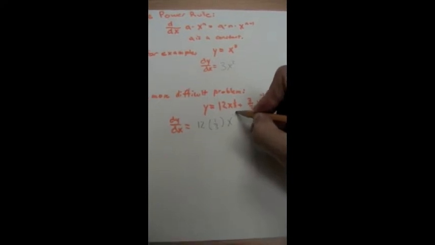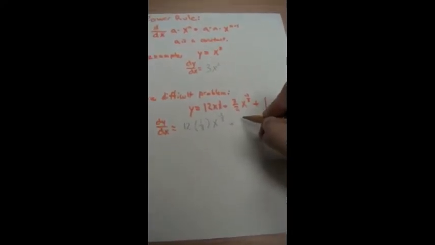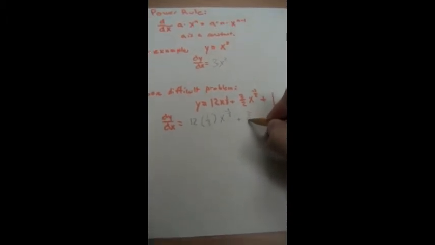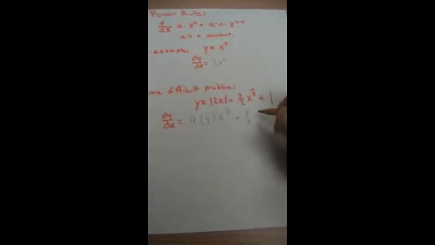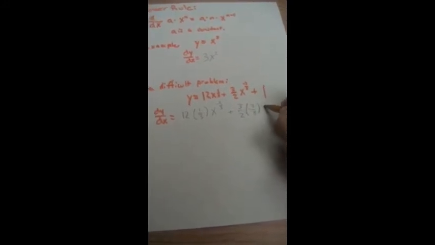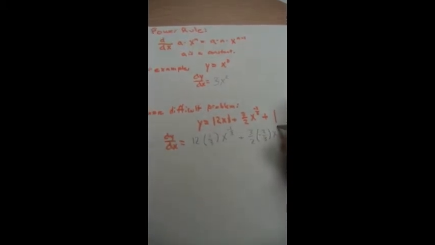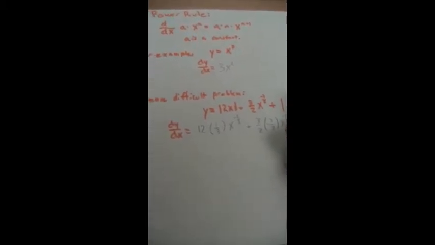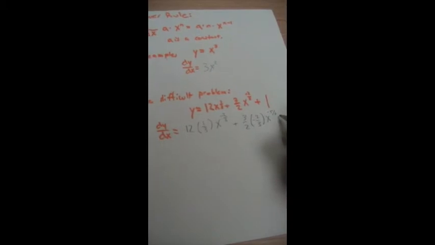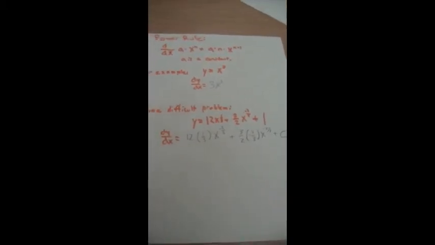So that would be negative 2/3. Plus, here's the second term, 3 over 2 times negative 2 over 3, x to the negative 5 over 3, because it's 1 less, plus 0, of course, because 1 is a constant.